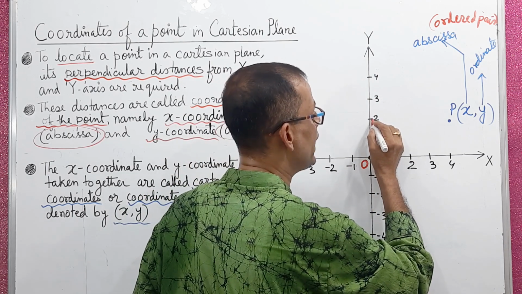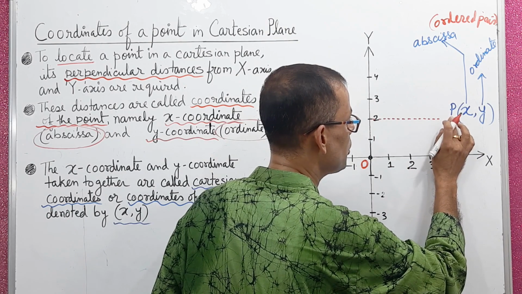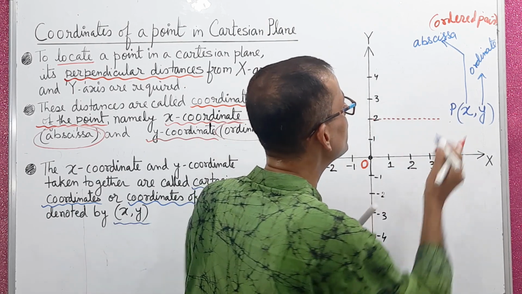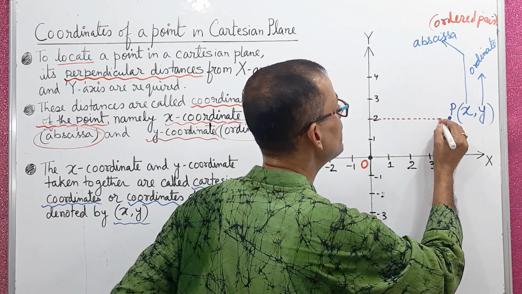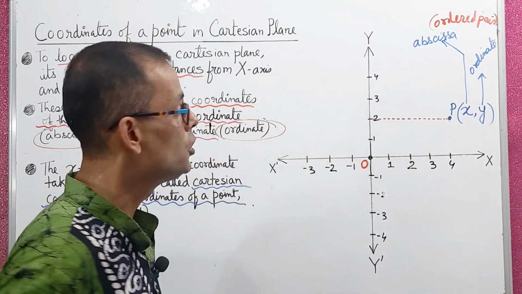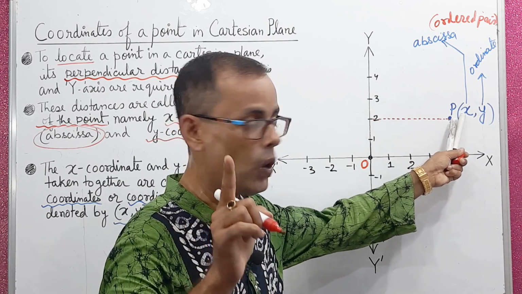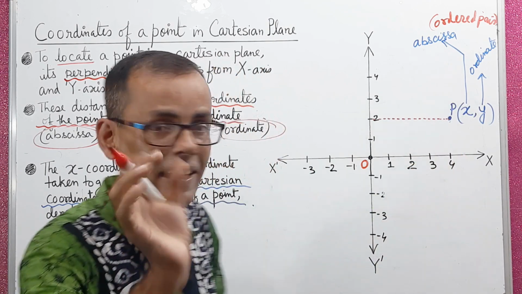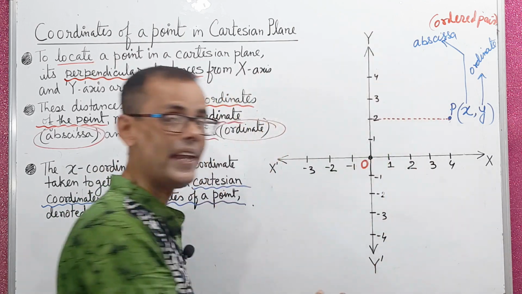If I take the perpendicular distance from the y-axis, it will go this way. Let me make this point a little bit up, then it will tally. So this is the perpendicular distance.